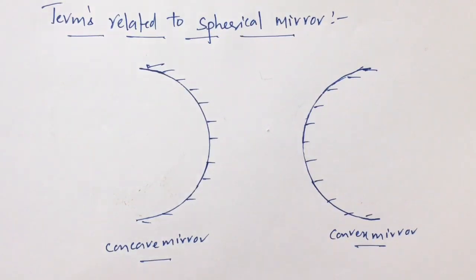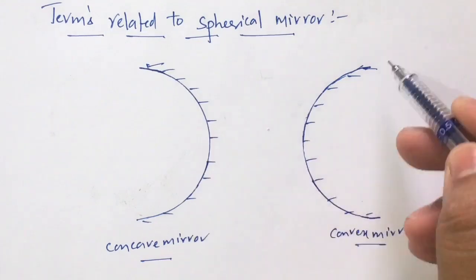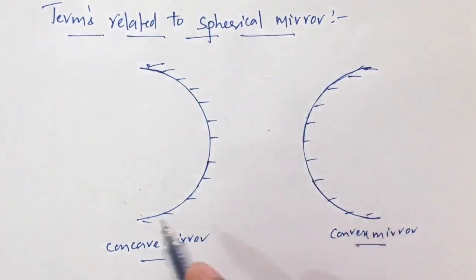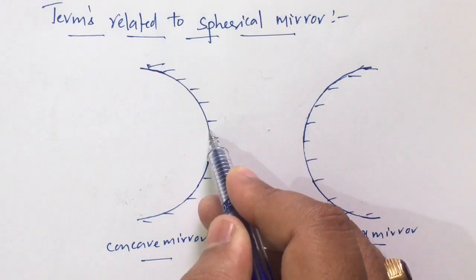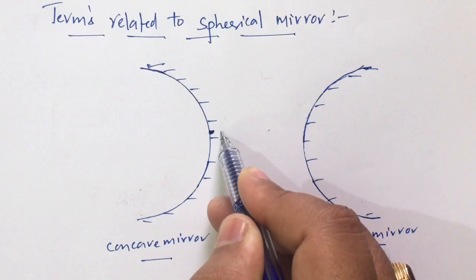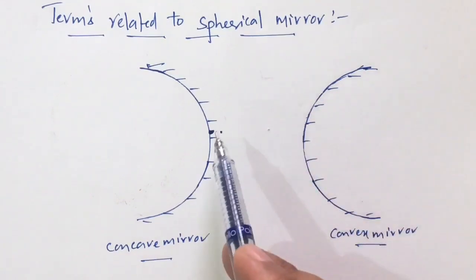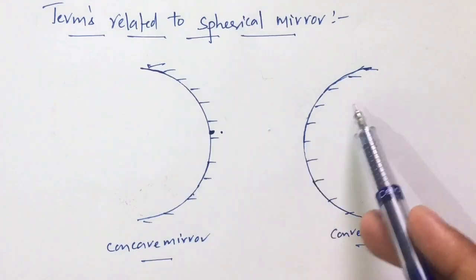The first term is pole. So what is pole? The center of the reflecting surface of a spherical mirror. This point we call the pole, and it lies on the surface of the mirror, not somewhere else.